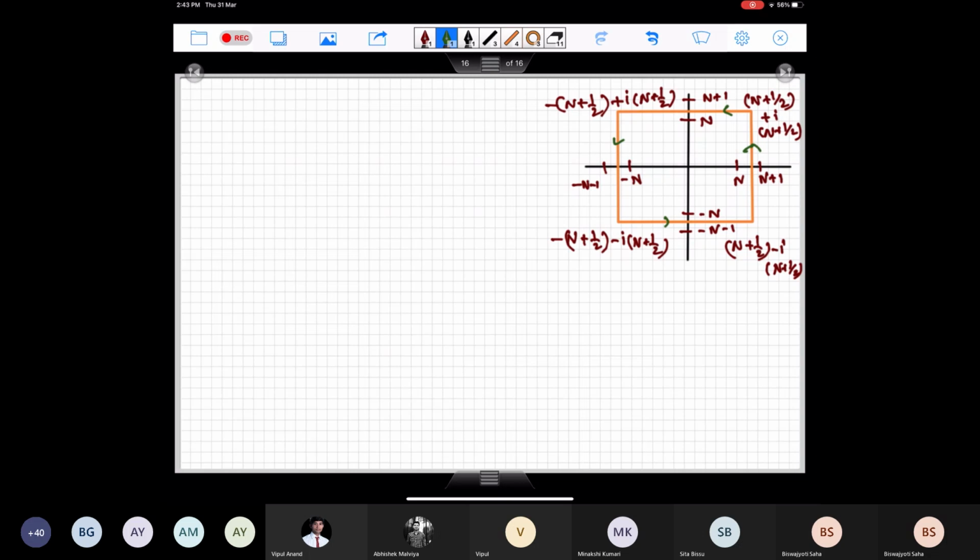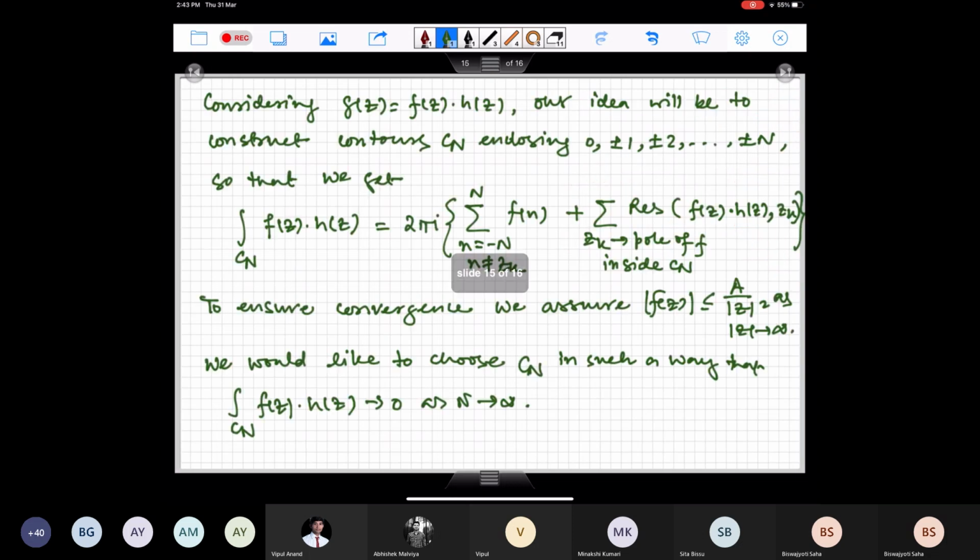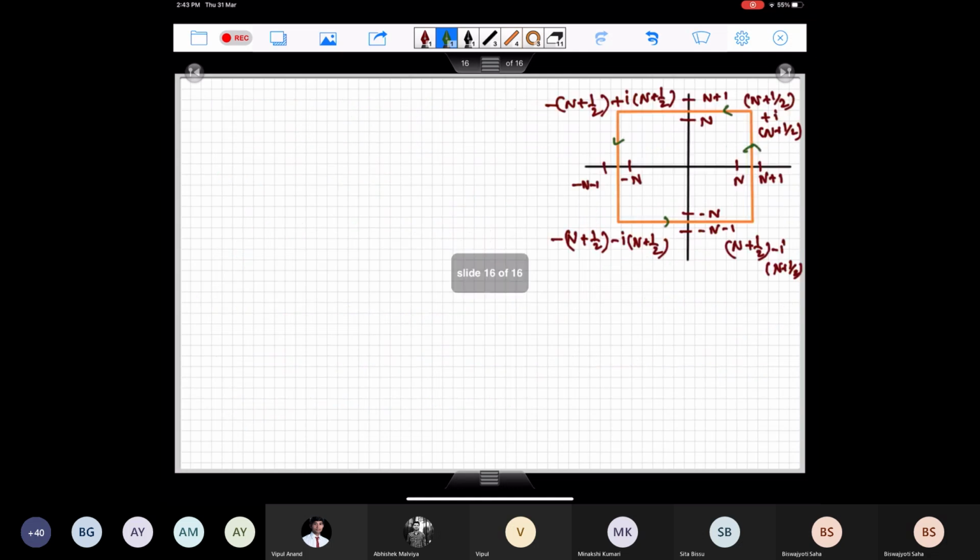Here you see that the function f is given, and the growth condition is such that mod of f(z) is at most A over mod z squared. Now what is mod z over here? On the contour Cn, the square that I have taken, you can see that mod z is bigger than n.